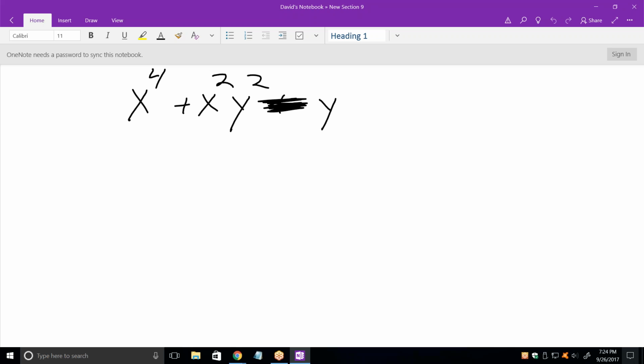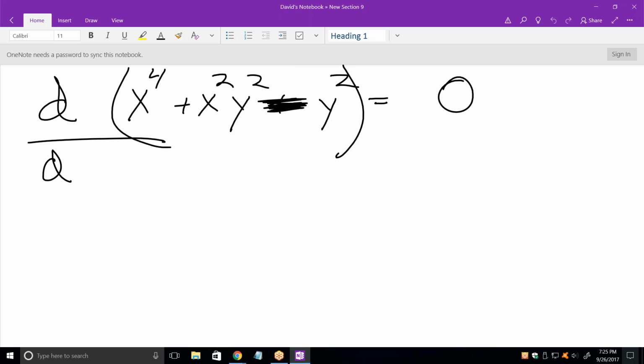Y squared equals 0. This time, I want to solve for the derivative of the left side of the equation, only this time I'm going to solve it relative to a variable called t, which is quite common in calculus. T is usually time.